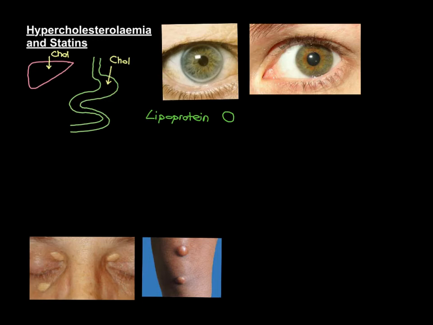So I'll say that again, just so that we're all clear and we have a nice summary. Cholesterol and indeed other lipid molecules are difficult to transport in the bloodstream because they are lipid soluble and not particularly water soluble.